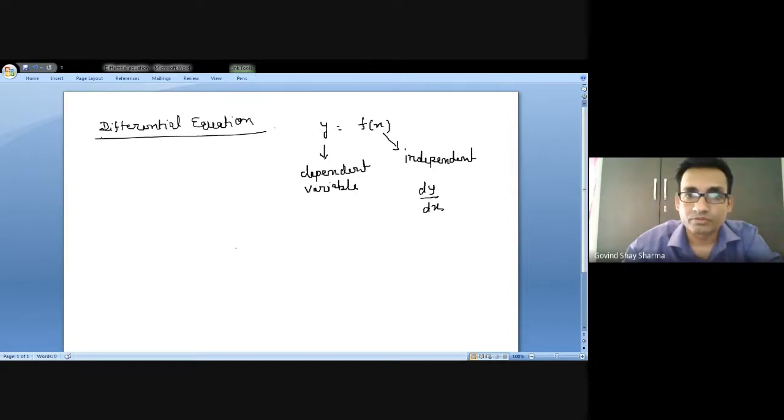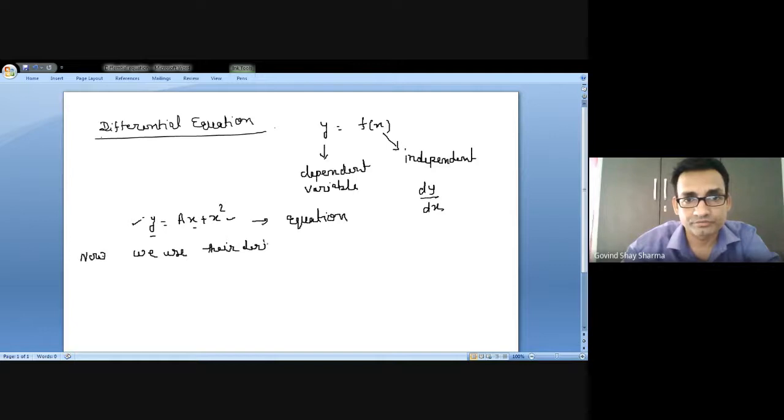Okay. So if we take, let, ax plus x square. This is the equation. This is the relation between dependent variable and independent variable. So this can be called an equation. Now we use their derivative also. Now I write dy upon dx plus py is equal to q.